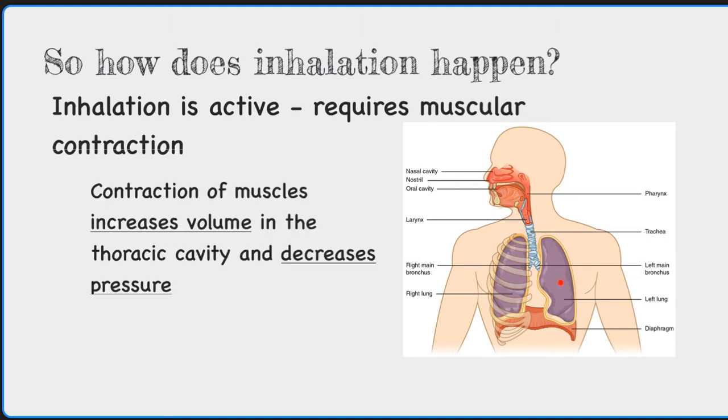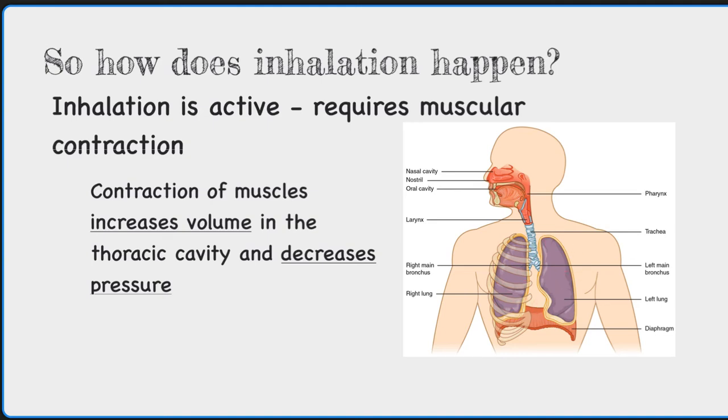If we decrease the pressure within the lungs, then atmospheric pressure would be greater than alveolar pressure, and the atmospheric pressure would be able to be breathed in, so we could inhale. So air would then be able to go from the outside into the lungs because we make the pressure decrease within the lungs itself.